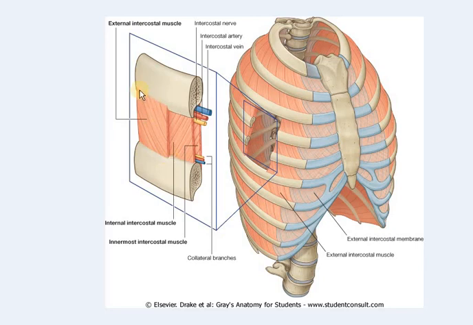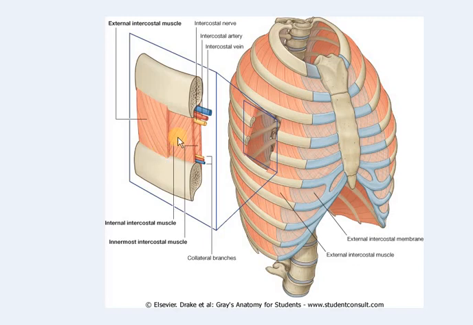So it originates from the lower border of the rib above, and it inserts at the upper border of the rib below.